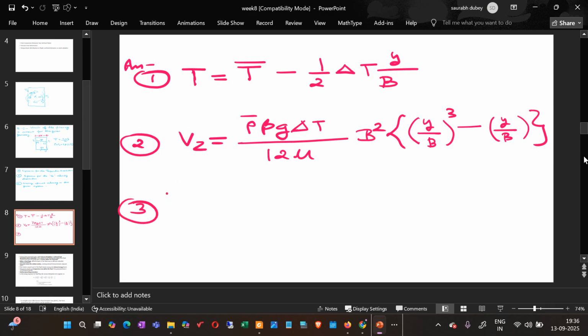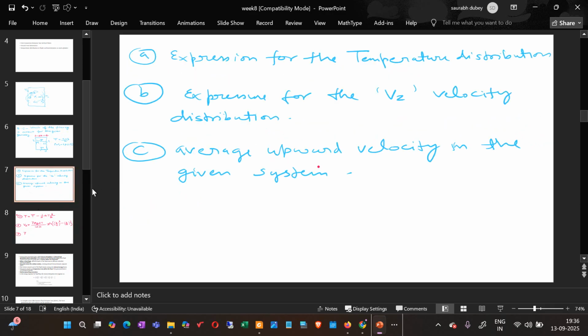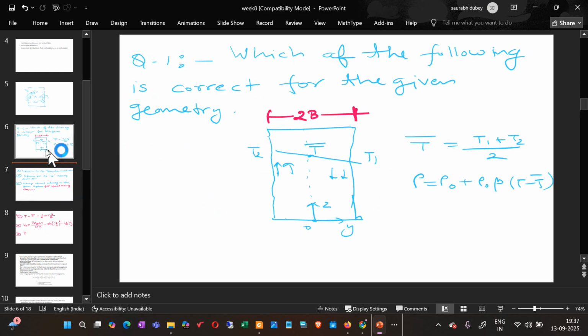Okay, and the average velocity, once you integrate it from minus b to b, is the average velocity for the upward moving stream in the given system. Net you will see 0, because both sides there will be up and down. Whatever goes up will come down, so it will be 0.